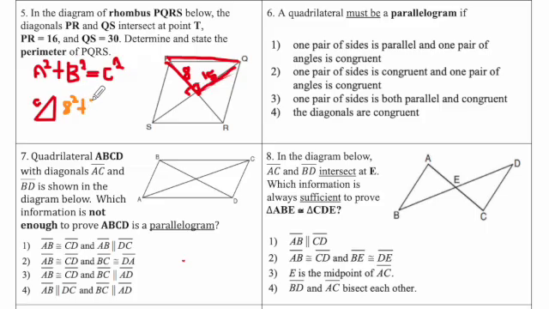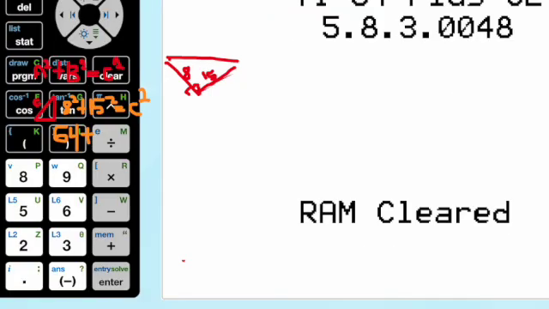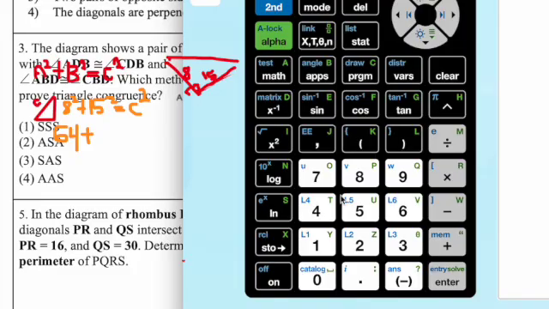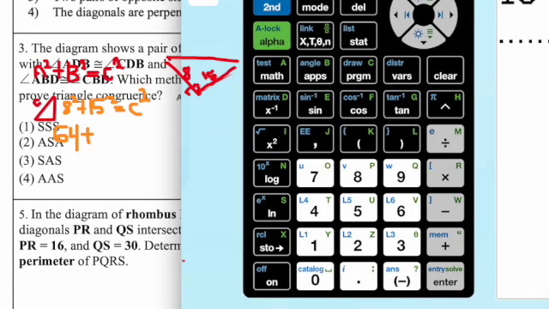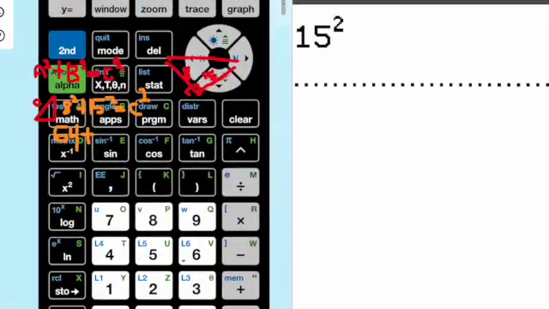Plus 15 squared equals C squared. Okay, 8 squared is 64, right? Plus 15 squared. I'll do the square button. Okay, 15 squared is 225.